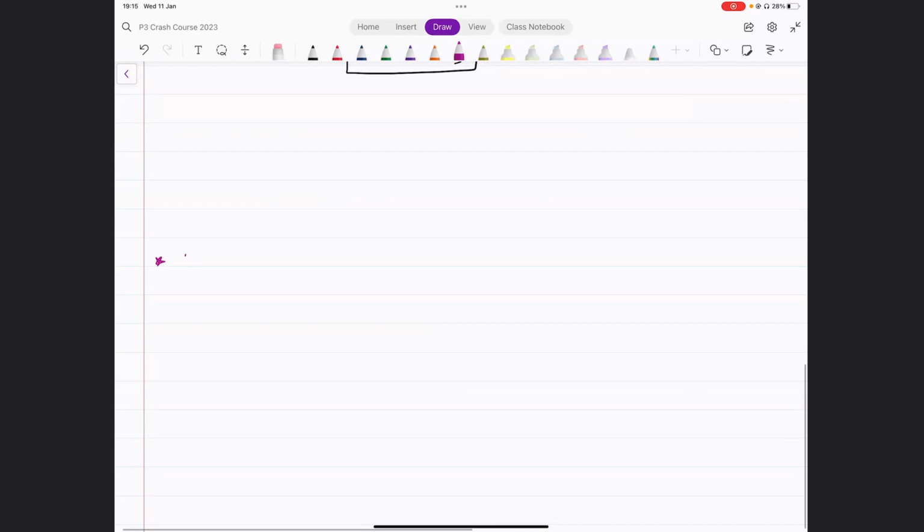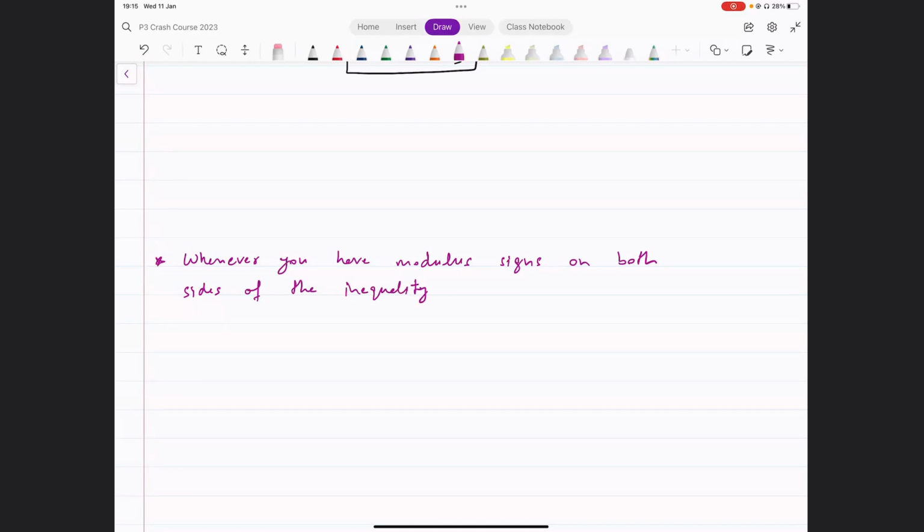So whenever you have modulus sign on both sides of the inequality, there are only two possible cases on the number line.